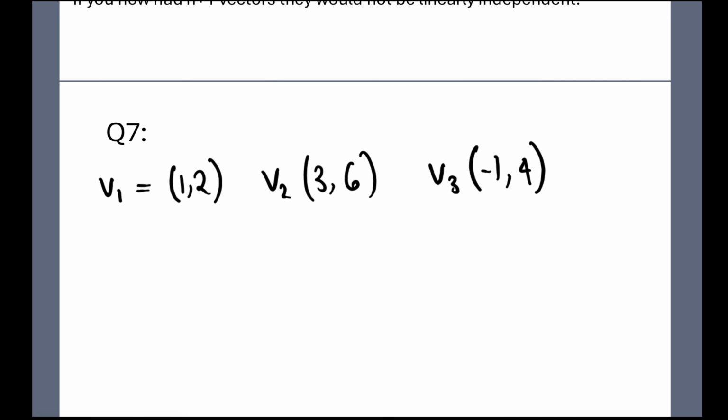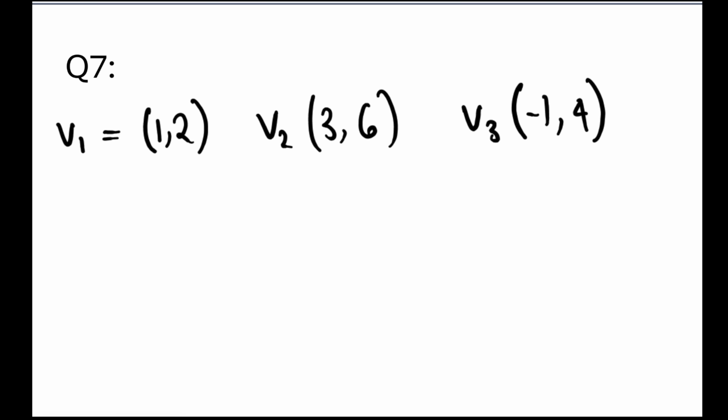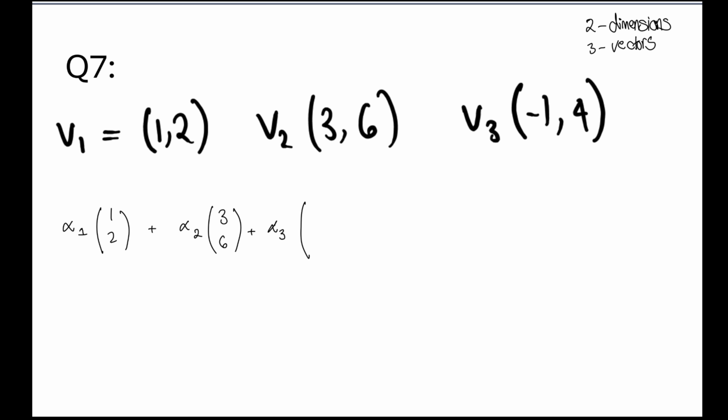If we quickly go to this question, here we have 3 vectors and they have 2 dimensions. If we are going to check linear dependence, we do the same thing. Alpha 1 times 1, 2 plus alpha 2 times 3, 6 plus alpha 3 times minus 1, 4 is equal to 0.